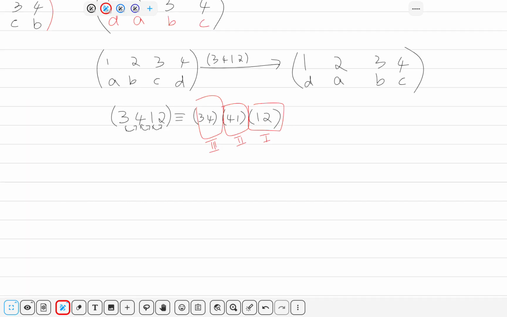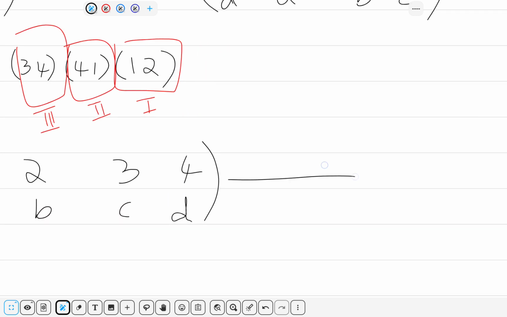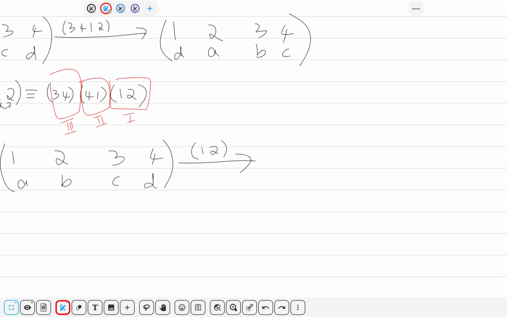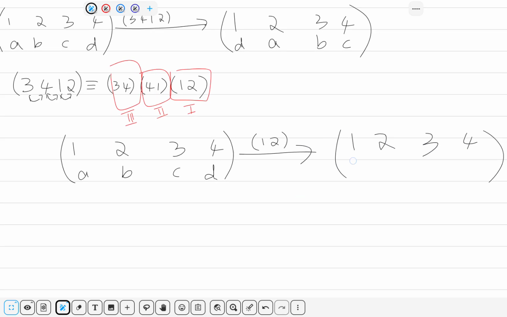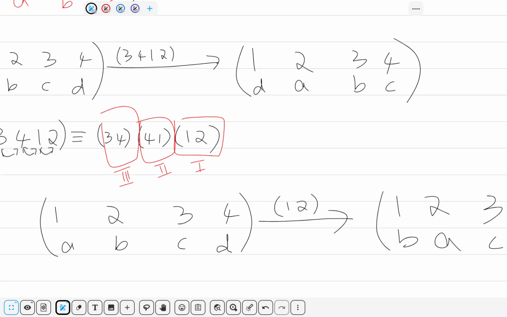Let me show you. Let's say initially I had this 1 2 3 4, and below that you had elements A B C D. Now when I do simply 1 2, I just have to look at the element at 1 and the element at 2 and just replace them, nothing else, no shuffling, nothing complicated. What you get is B A C D. And then what is written next? 4 1, right?